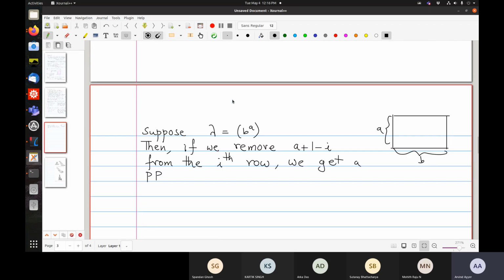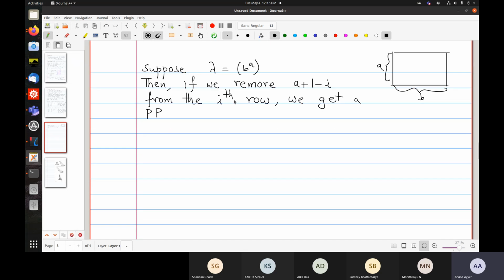Then you will necessarily get a plane partition, and this process is reversible. Let's say we start with an SSYT T of shape lambda.